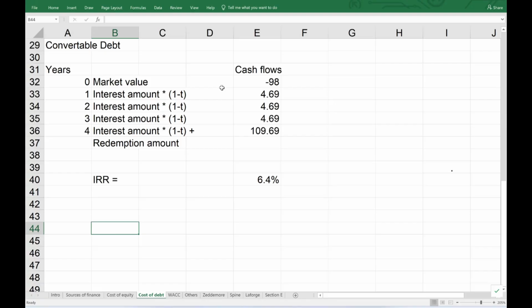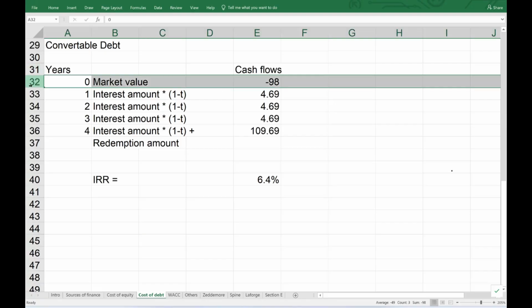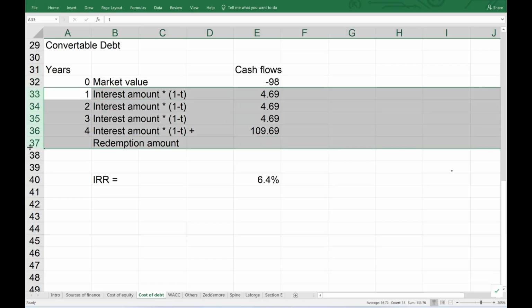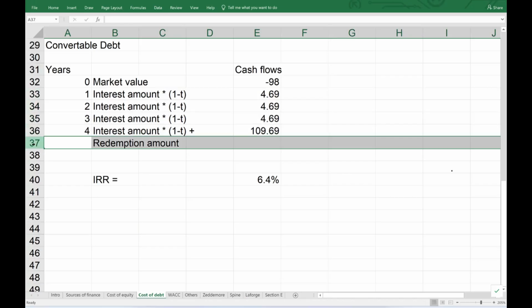The only difference is that it carries the same market value and same coupon payment, but at maturity the bondholder can either redeem the amount or convert into shares. So we will see which one is likely to happen, and use that one. If the convertible bond is going to be redeemed, we will use the redemption amount. If the bond is going to be converted into shares, we will use the conversion amount.